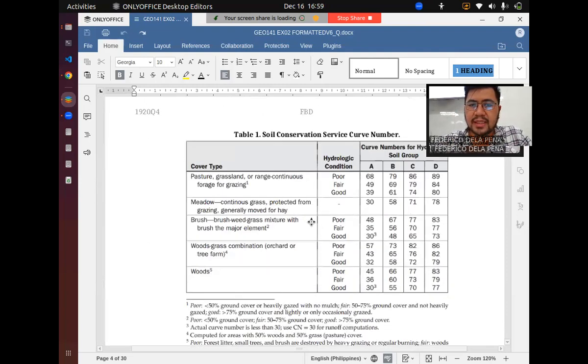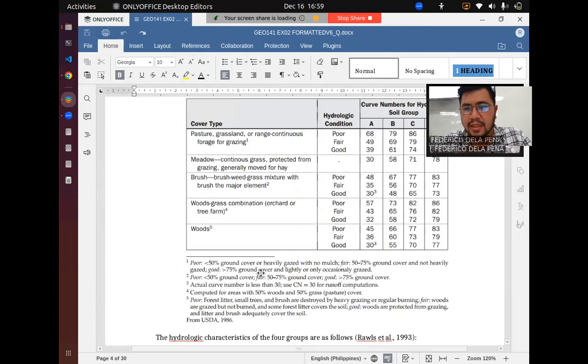And this is a table for estimating the curve numbers. The first column is the cover type, basically the type of vegetation you have. The second column is your hydrologic condition, which is basically how much vegetation cover you have in your soil.